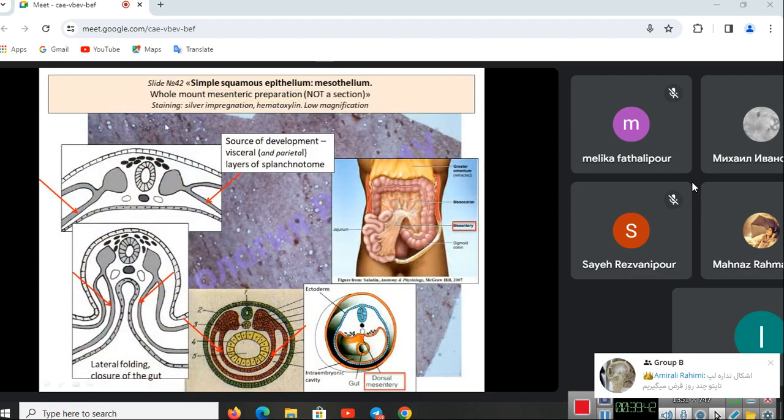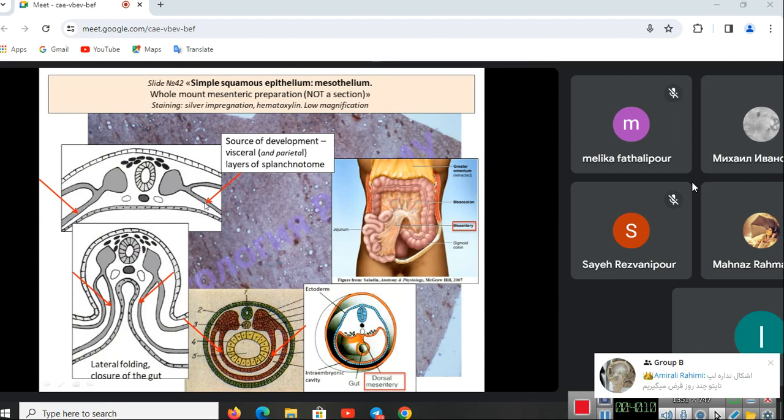So, embryonic sources of development of this epithelium. The embryonic source of development of the mesothelium is the splanchnotome. So this is the mesoderm. It has somite, nephrogonotome, and lateral plate mesoderm with the parietal layer and visceral layer.